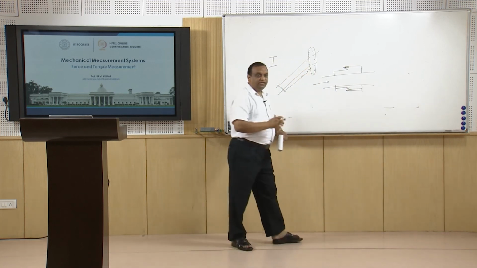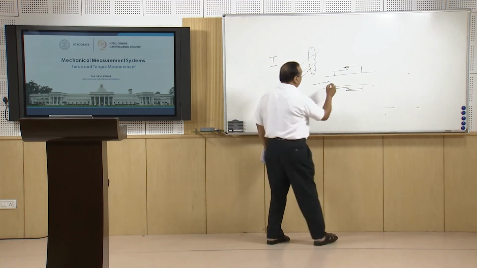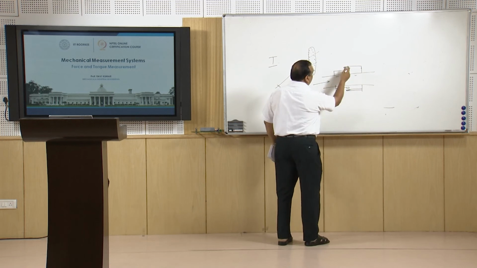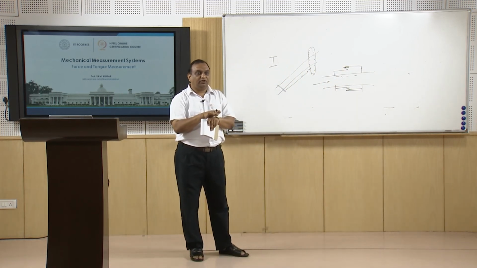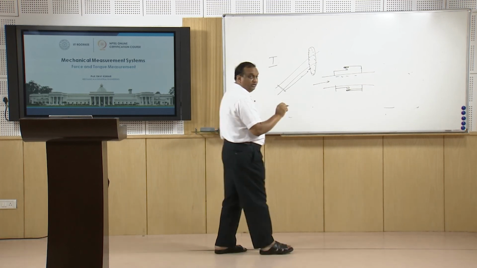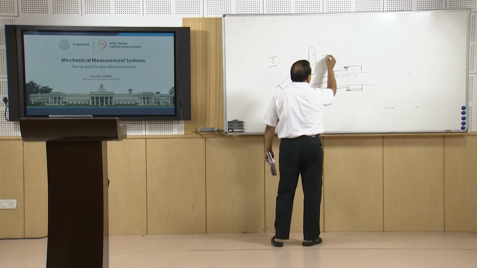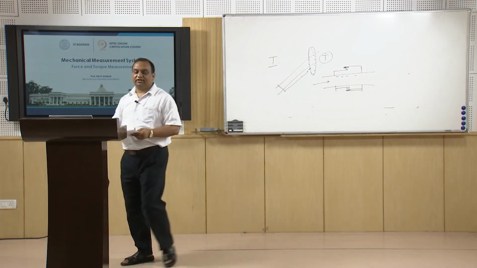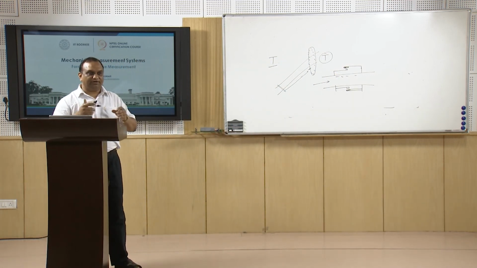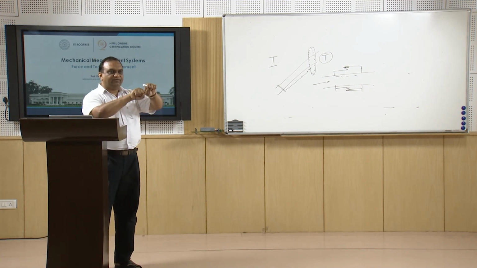So when the torsion takes place, we know the length. There is going to be the lateral displacement between these two, right? Now this lateral displacement can always be correlated with torque, because in measurement most of the signals are converted into displacement. So one is fixed here, another is fixed here.